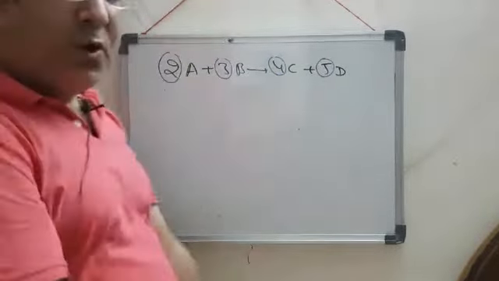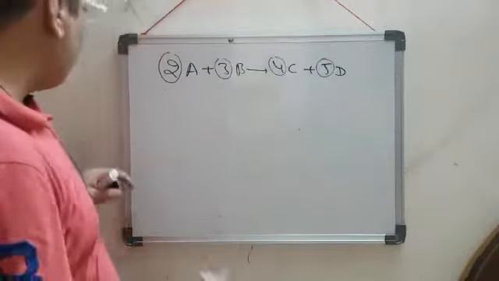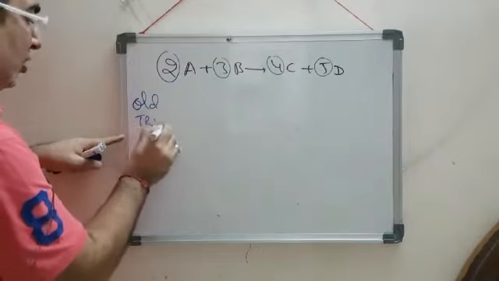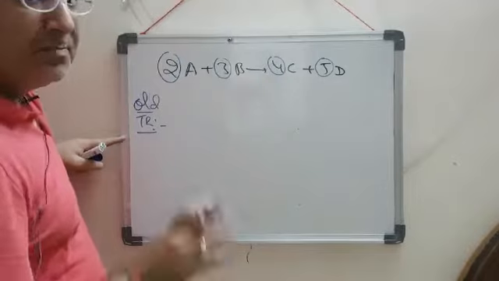Now I'm going to tell you about the old theory. Initially it was thought that these stoichiometric coefficients represent mass.